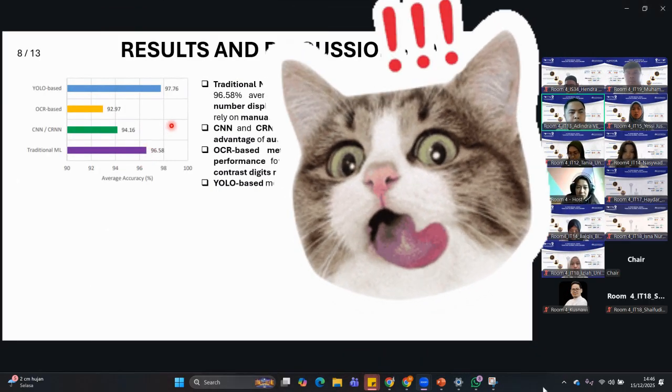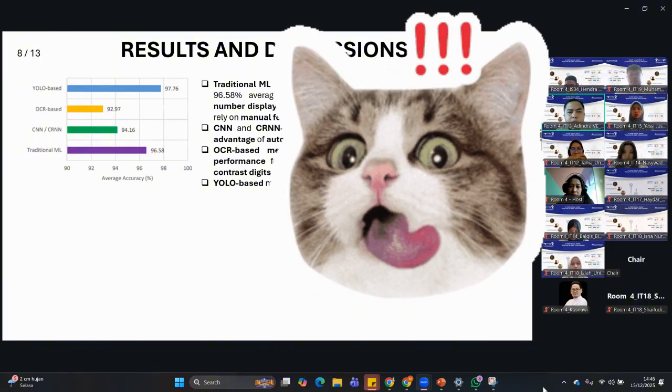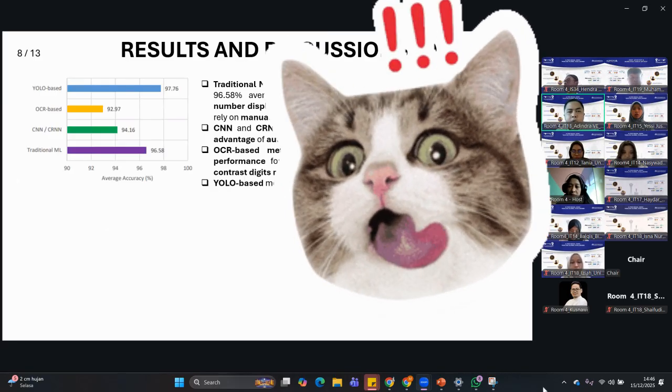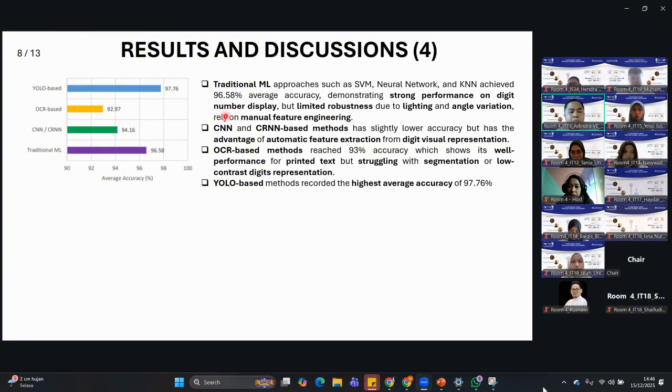From the comparison, it can be seen that the traditional machine learning approach shows strong performance, but is limited in robustness due to lighting and angle variation, and it relies on manual feature engineering. Then CNN and CRNN have the advantage of automatic feature extraction, but have slightly lower accuracy.